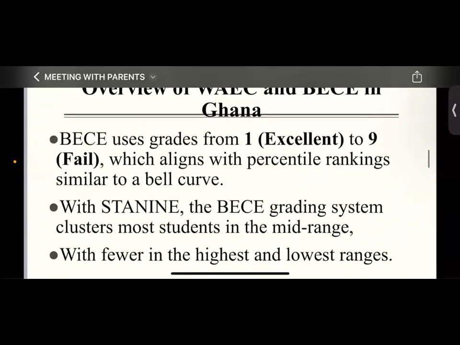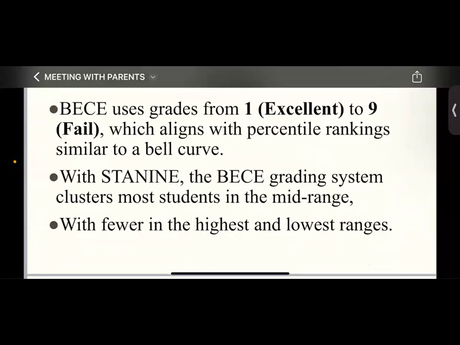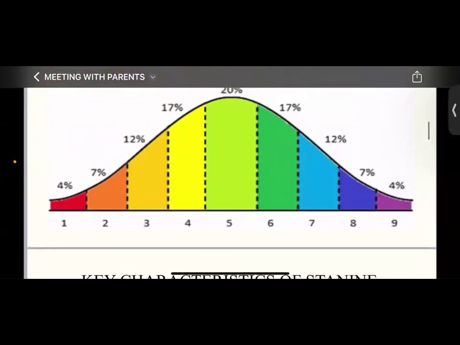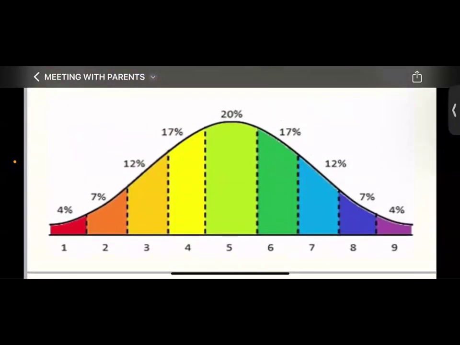So BECE uses grades from 1, which is excellent, to 9, which is fail, which aligns with the percentile rankings, similar to a bell curve. So with the Stanine, the BECE grading system would cluster most of the students in the mid-range, and that is what we mentioned. It will cluster most of them around grades 4 to 6. So if you have really observed the trend, most of your students were falling within grades 4, 5, and 6.